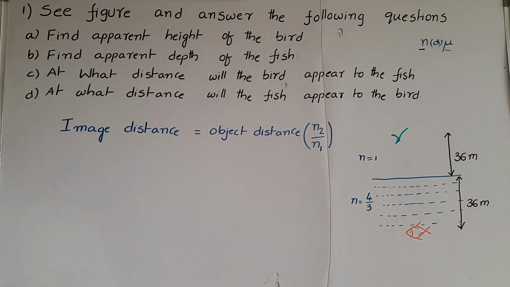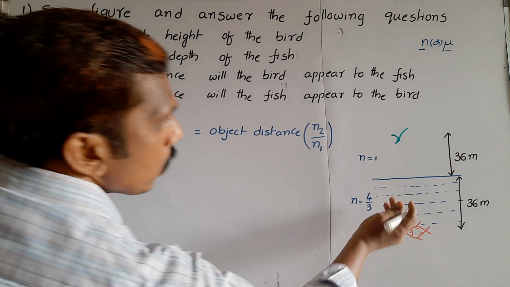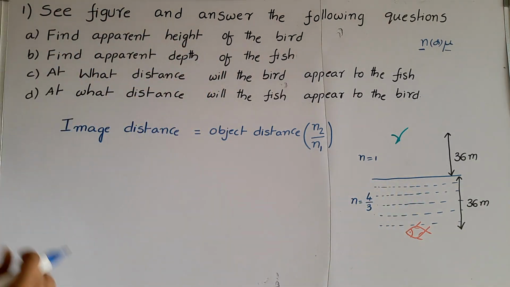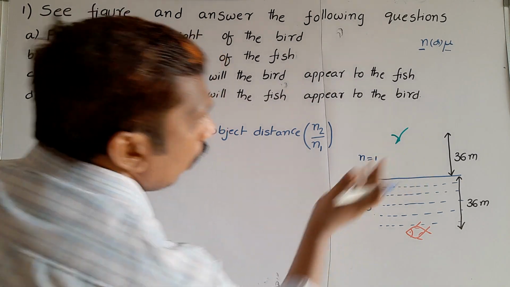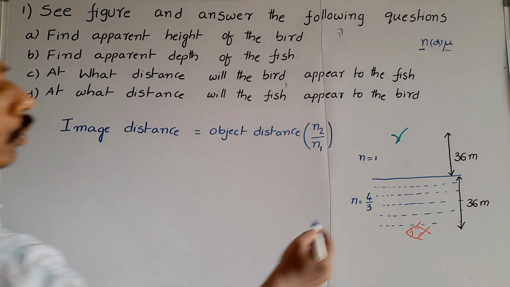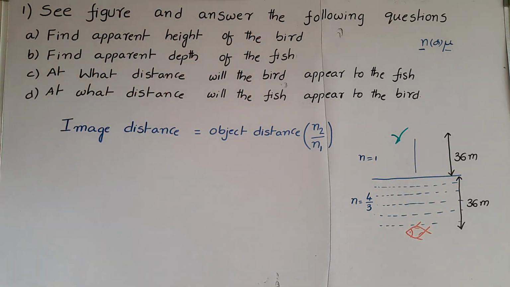First, find the apparent height of the bird. Suppose anyone is just below the water surface and observes the bird. At what height will it appear? Here it is the apparent height, because we are measuring above the water surface, that's why we take it as a height.